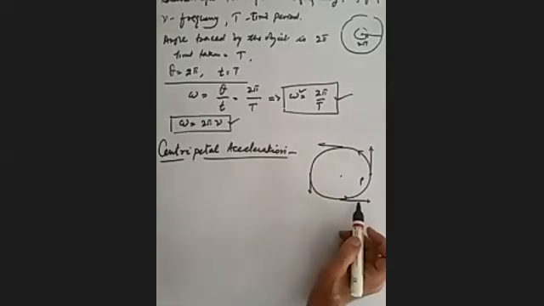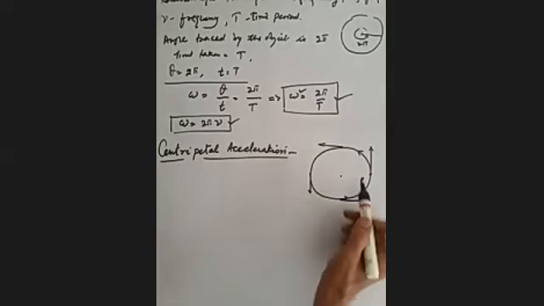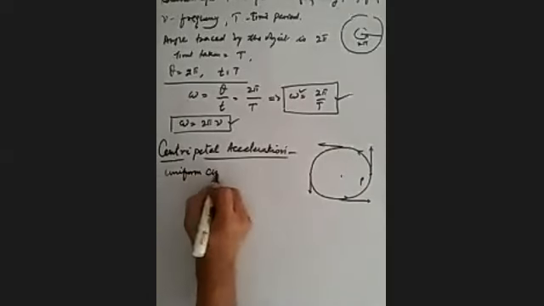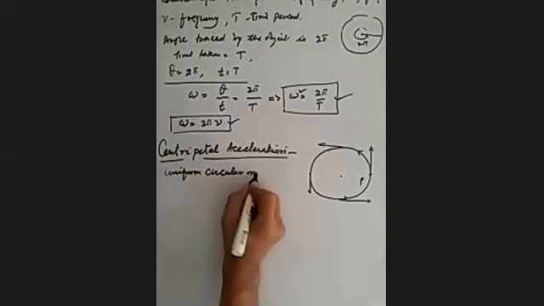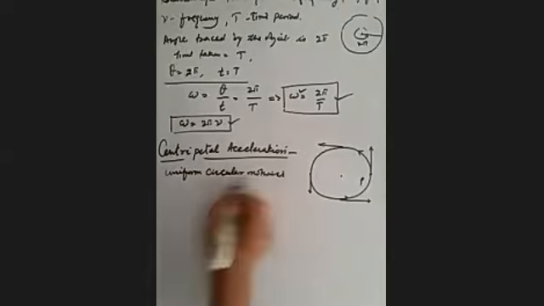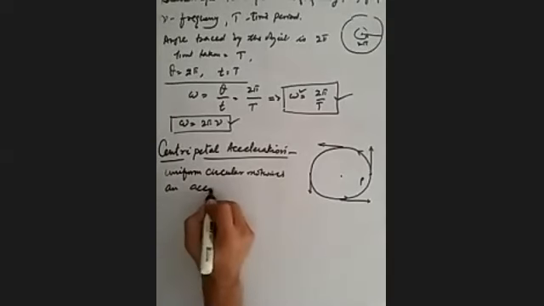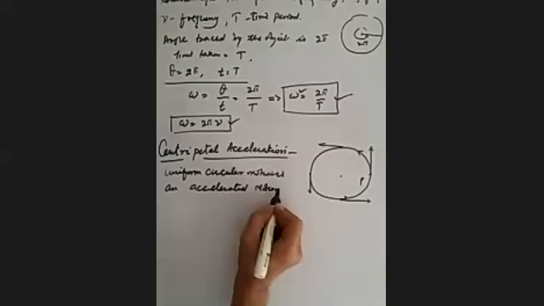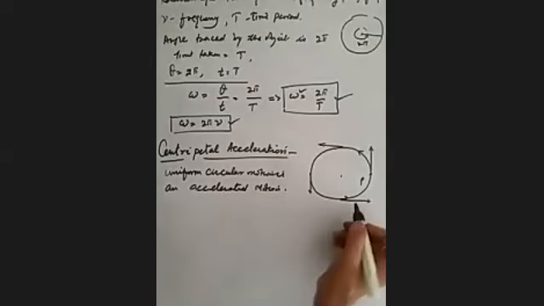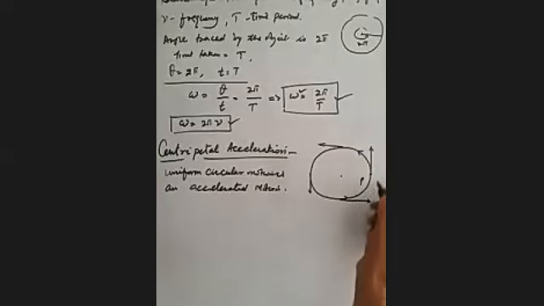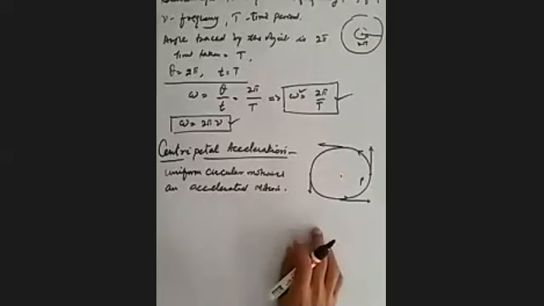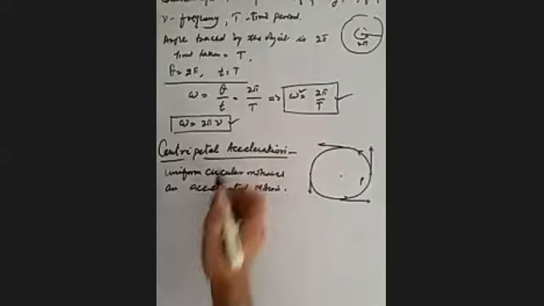And therefore, we say that in this case, uniform circular motion is an accelerated motion. It is an accelerated motion because the direction of velocity is changing while the particle is moving uniformly on a circular path. So what is centripetal acceleration?